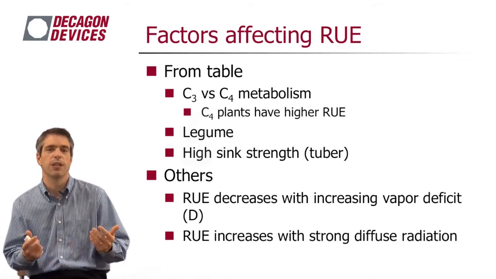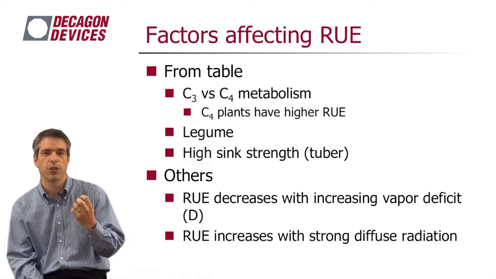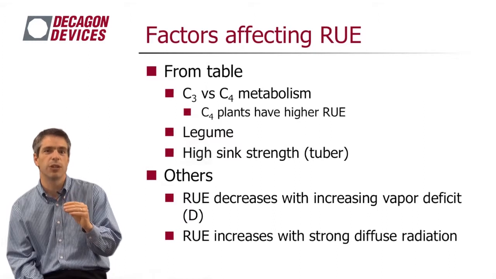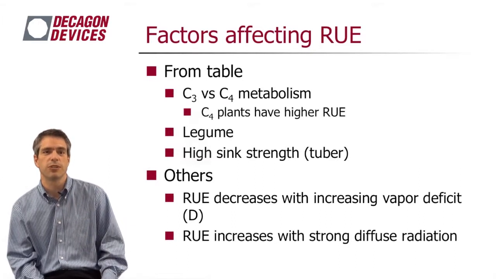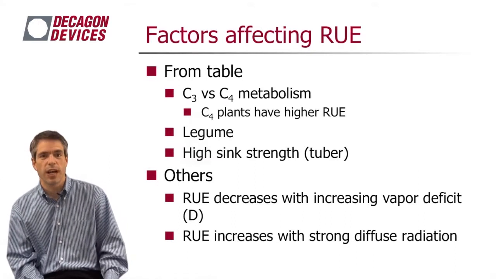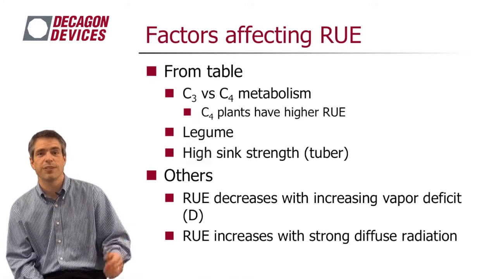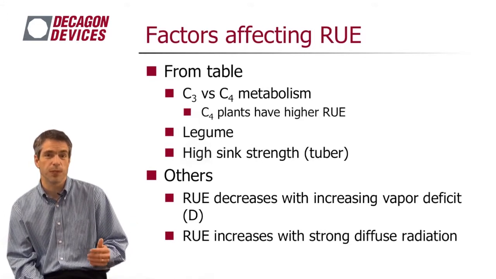That's because of the intercellular space CO2 that they're able to take up into the leaf, and a lower concentration inside there that will actually be used in photosynthesis. Legumes tend to have lower radiation use efficiencies as well, but tubers, high sink strength plants, have a rather high radiation use efficiency.